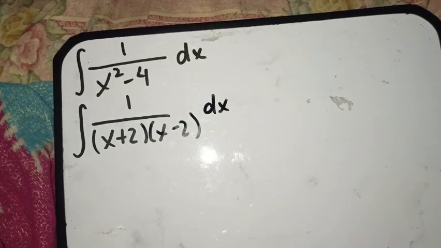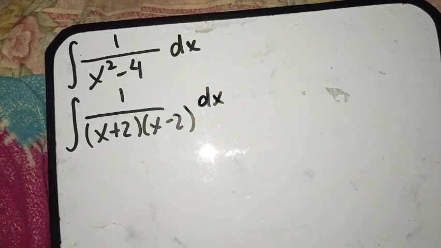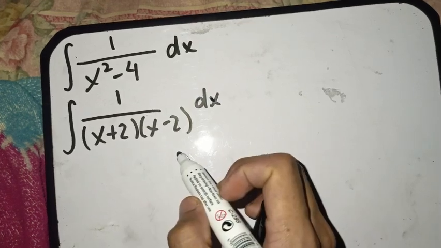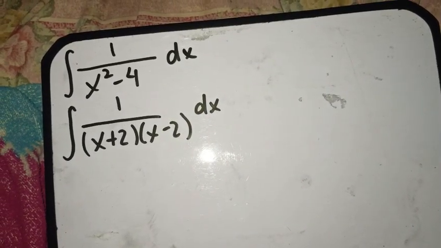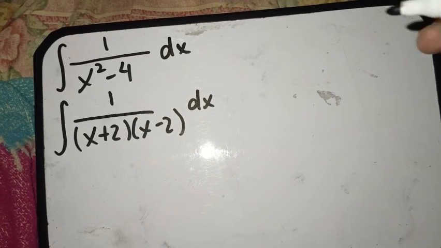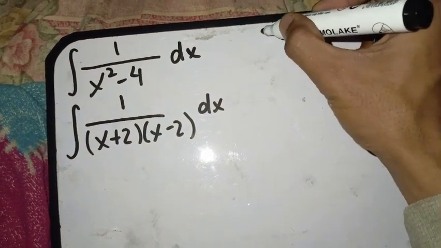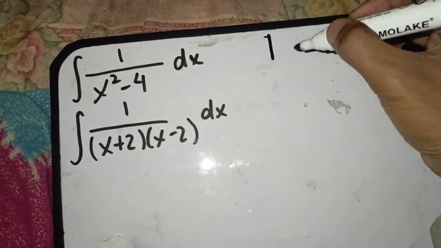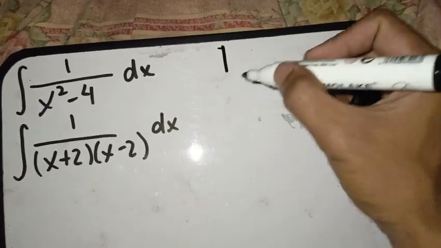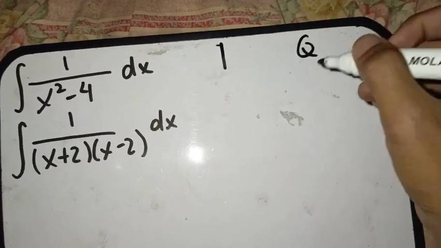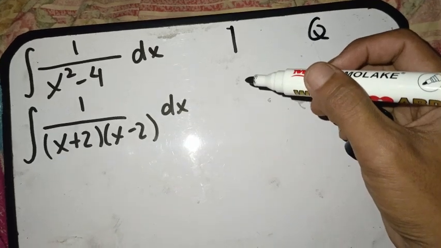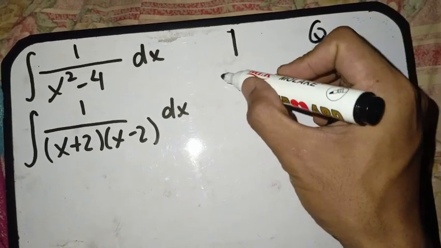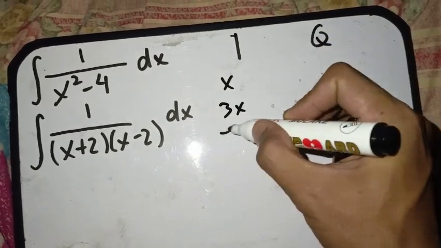So we have on our denominator some linear functions. The difference between linear and quadratic terms: the linear, which will represent our L, and the quadratic, our Q. Linear terms are simply x, 3x, 5x.